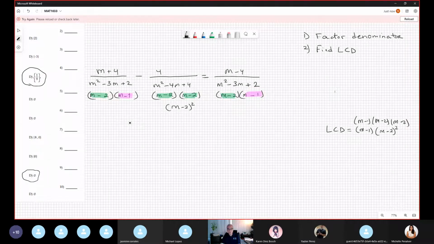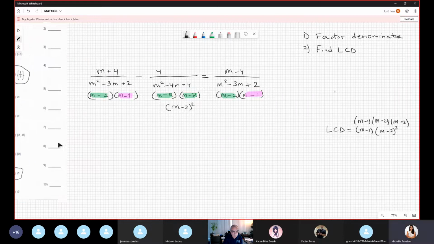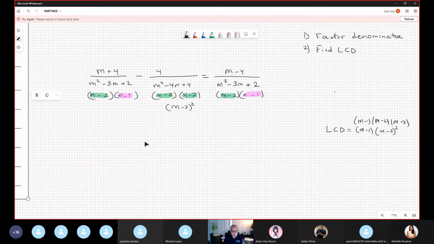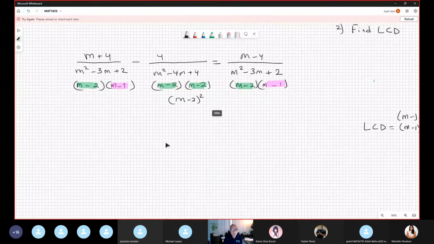Do you understand? Yep. Okay, cool. Professor, one question. This n minus 2 and n minus 1, did it come with the problem, or did you use factoring? No, I did factorization. The first thing I did was factorization. Any trinomial, bam.